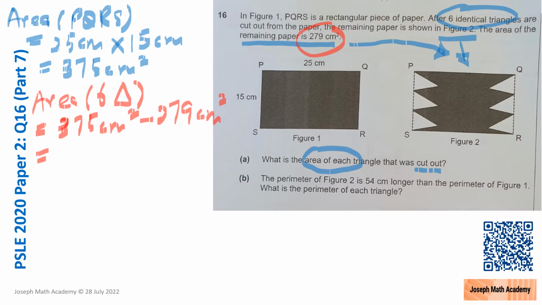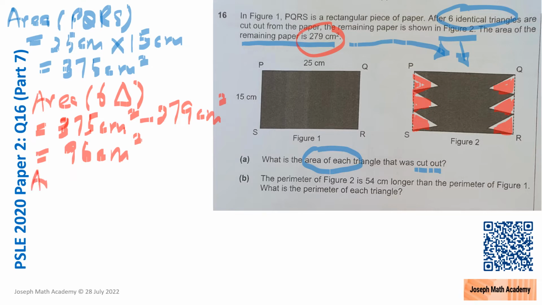Okay, so we just need to take 375 square cm, which is figure number 1, minus away 279, and that will give us the total area of the 6 identical triangles. Okay, so using our calculator, 375 minus 279 should give us 96. Okay, so 96 square cm is the area of 6 triangles.